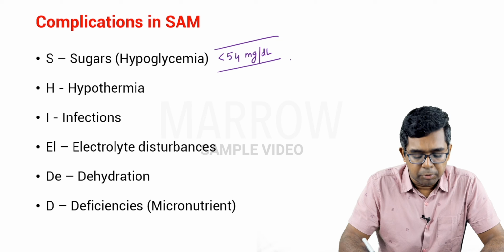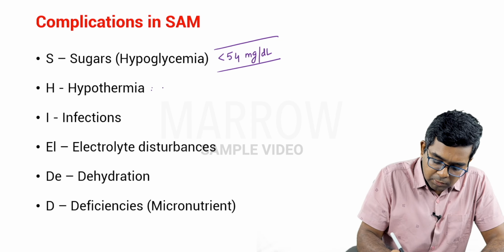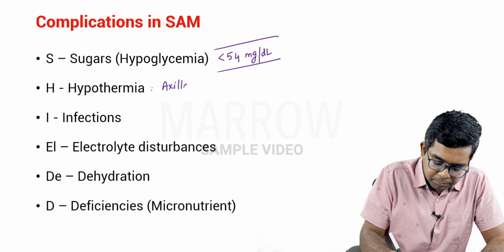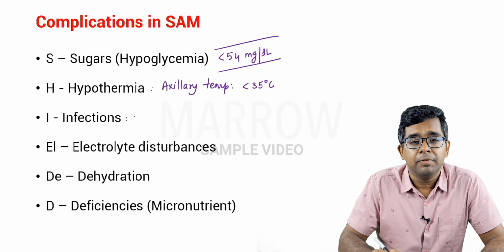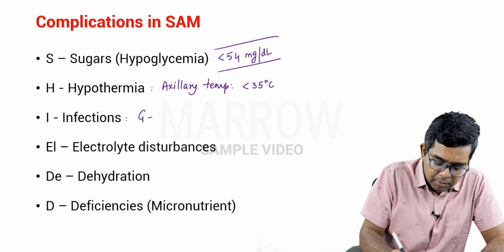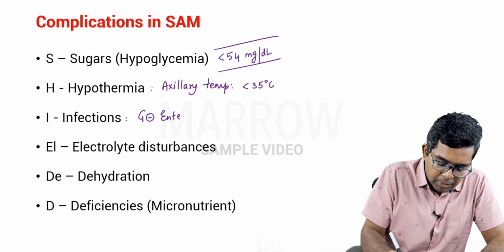H for hypothermia refers to an axillary temperature of less than 35 degrees centigrade. And I for infection, the common group of infection which you get in SAM is gram-negative Enterobacteriaceae infection.